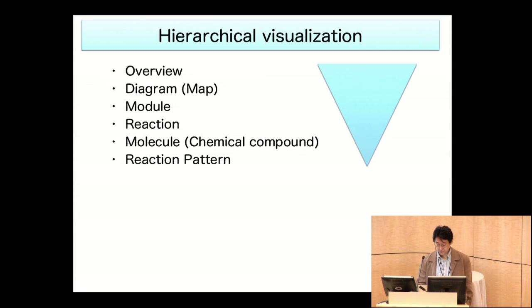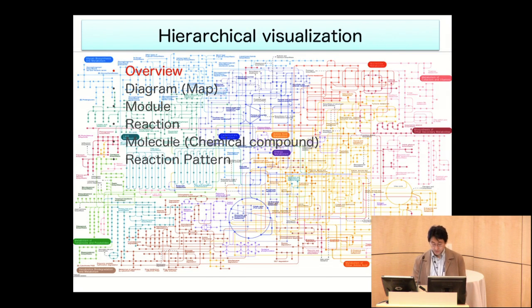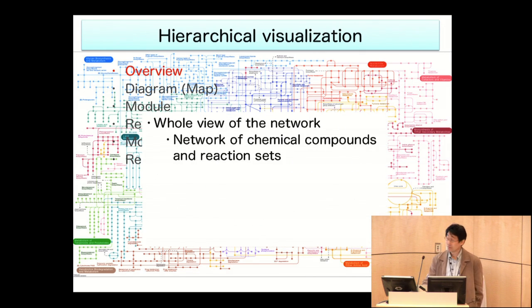I will show you each of them one by one. The first one is the overview, which in the KEGG pathway diagrams is like this. This is a whole view of the network, of course.